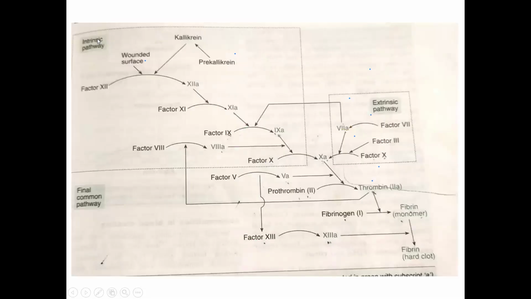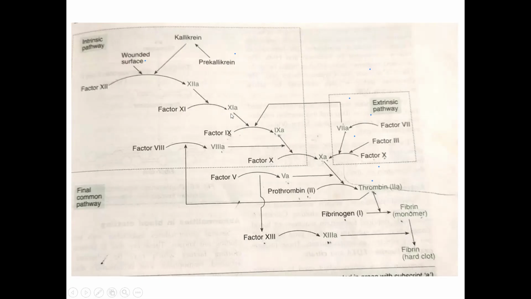So the intrinsic pathway. Some chemicals which are present in the blood, when a wound occurs, the component pre-kallikrein is converted into kallikrein. The kallikrein activates factor 12 into 12A. 12A activates the 11th factor.